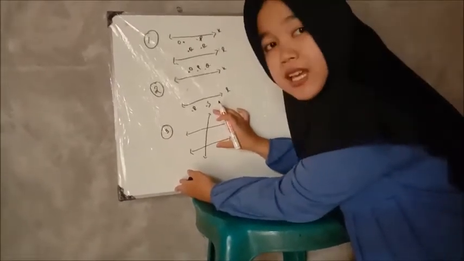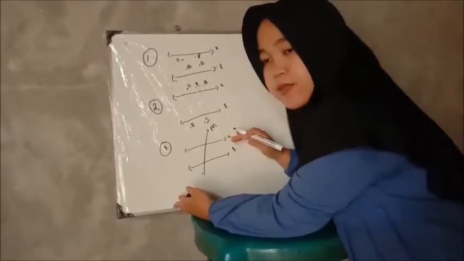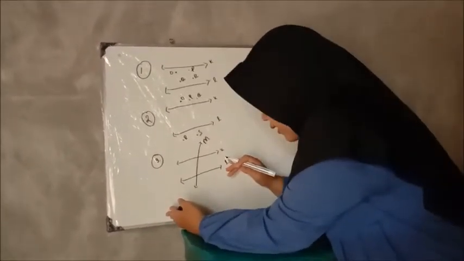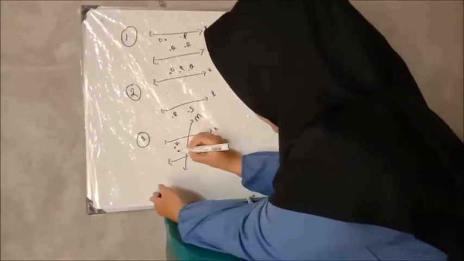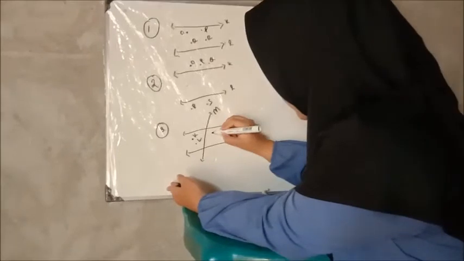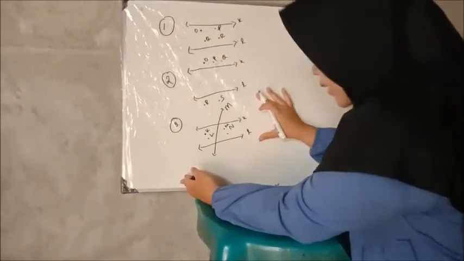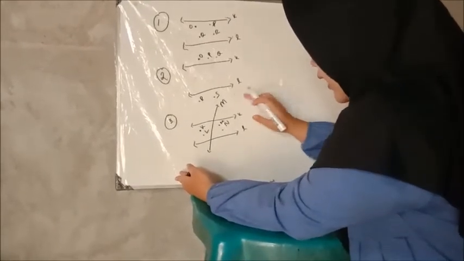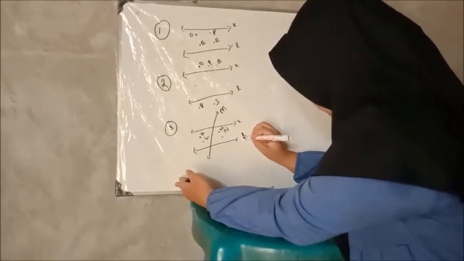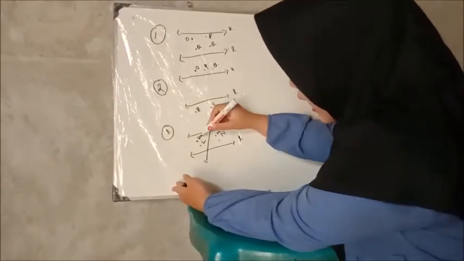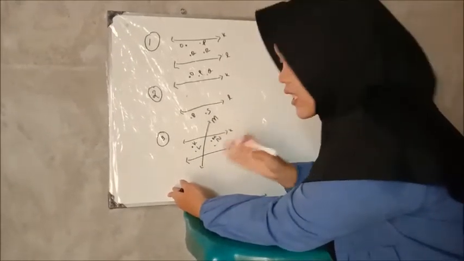The transversal line is M, and it intersects K and L. Then we have K over that, L over that, M and M. From that we know that M intersects K and L. After that we also know that K, L, M, N are alternate interior angles.